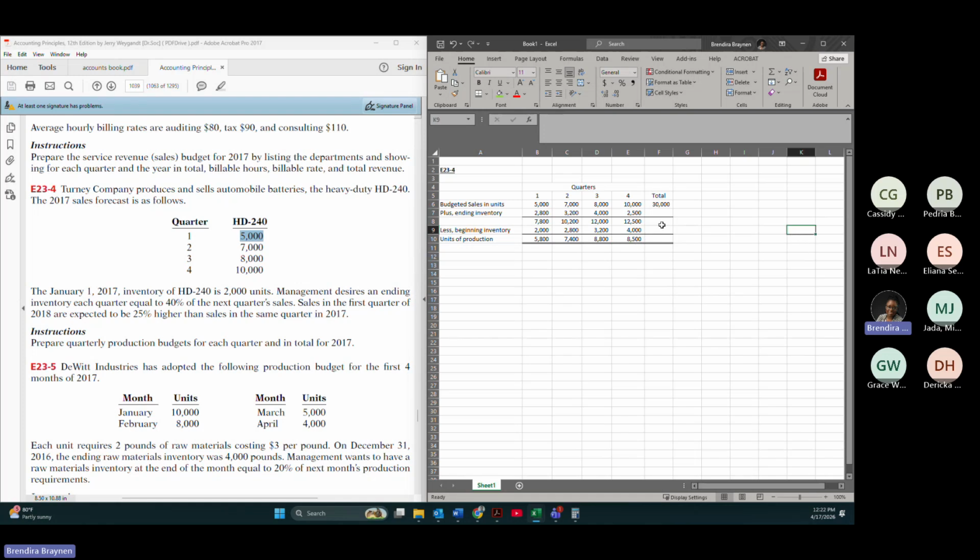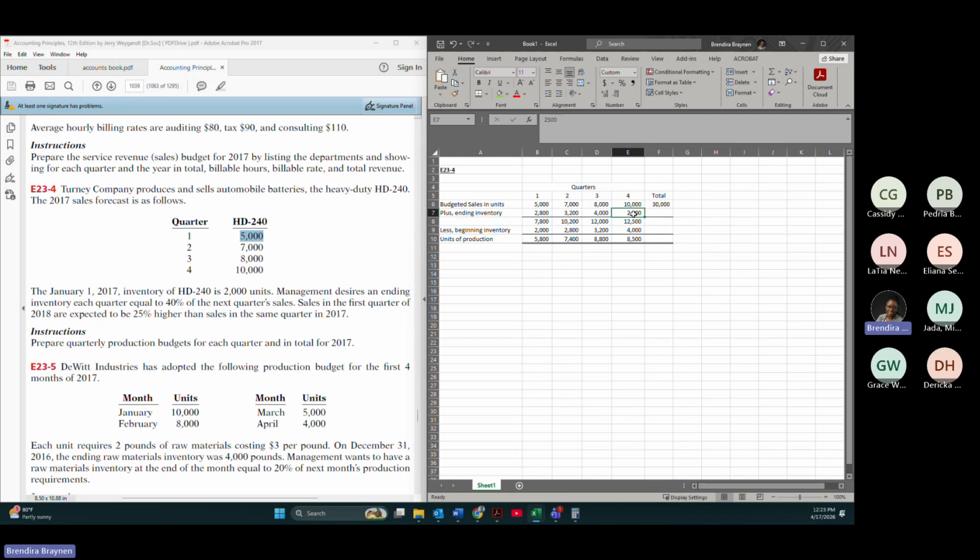Your total column, again, we have to think about it before we use it. When it comes to the sales, you could add that across. That's 30,000. And when it comes down to the ending inventory, the entire quarter represents a whole year. So my total represents a whole year. The end of the last quarter is my ending inventory for the entire year.